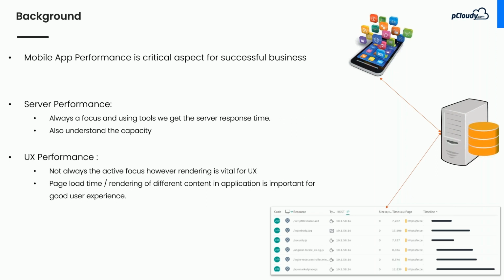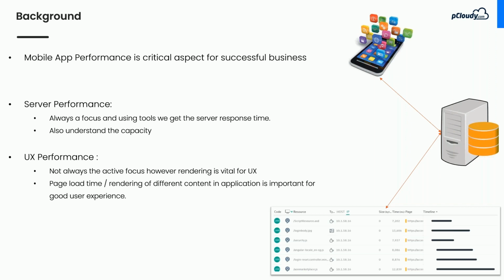The one area which is not always focused on, but I think now it is getting focus, is screen rendering. Imagine you are browsing a product on an e-tailer site, and you find that this product is not loading well, or is taking too much time.